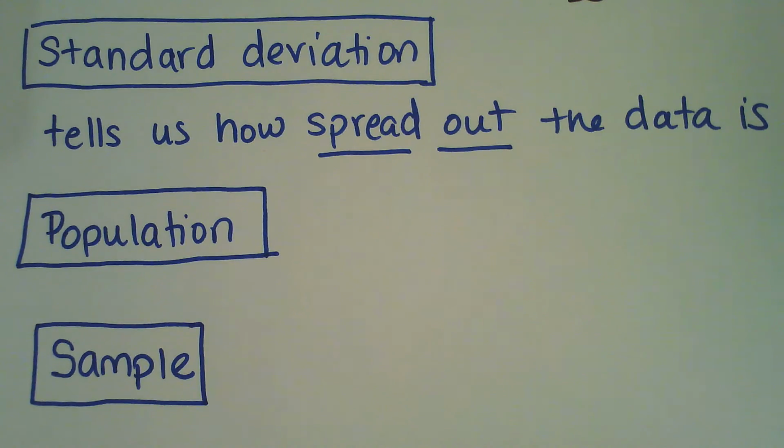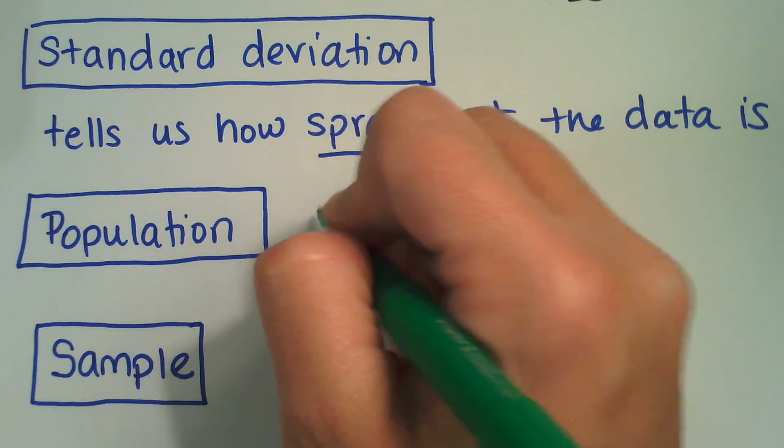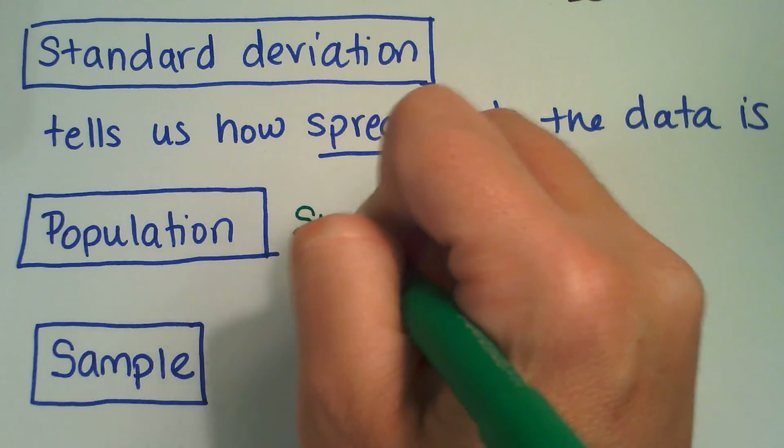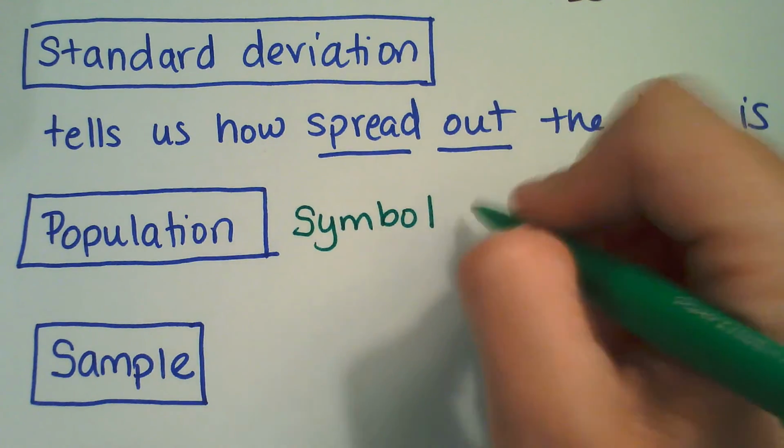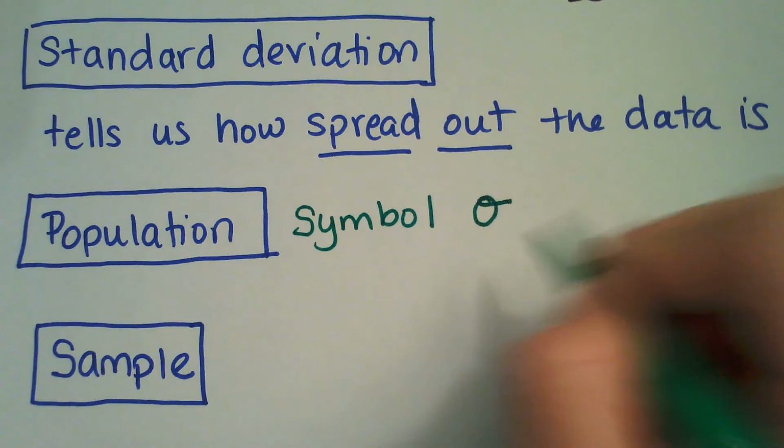But in Delta Math, they kind of just throw those words in there, it's really not going to mean a lot to us, except for the symbol that you are going to look for. So for the population symbol, we will be looking for this O that kind of has like this extra line on top.